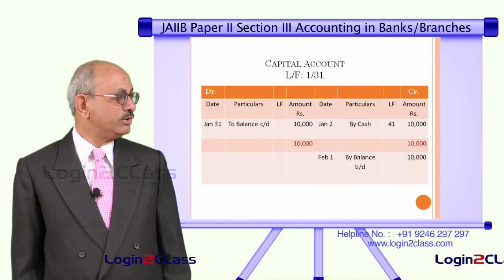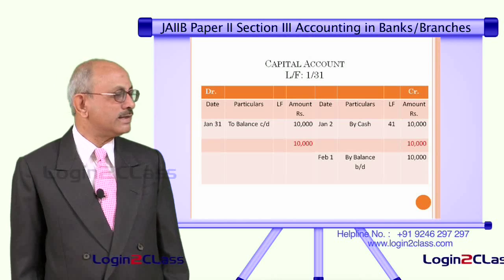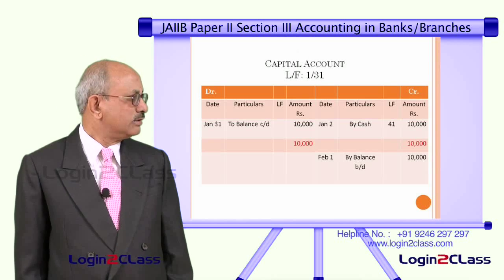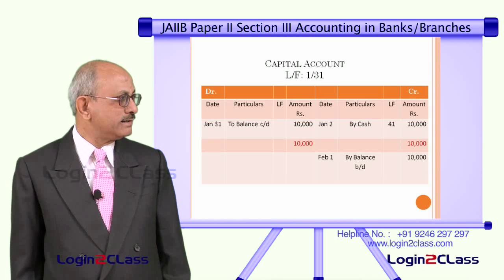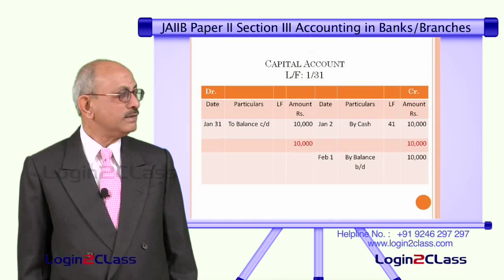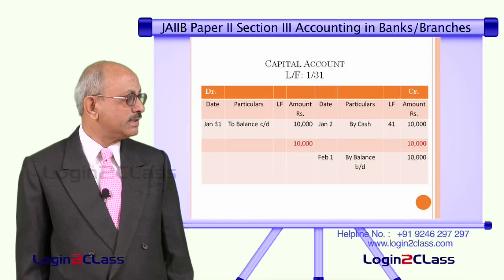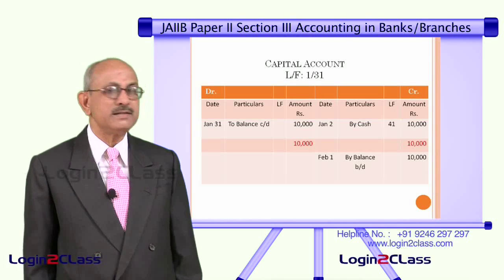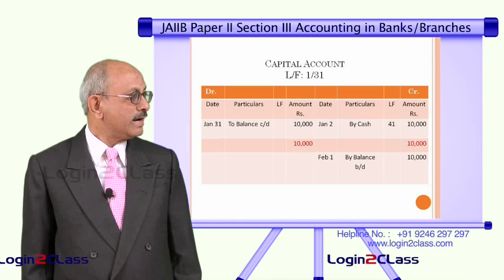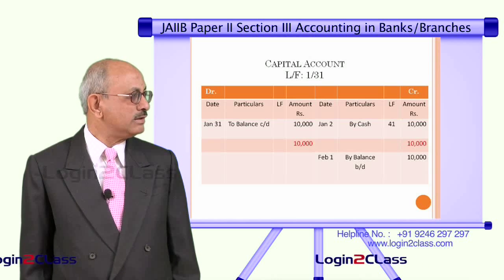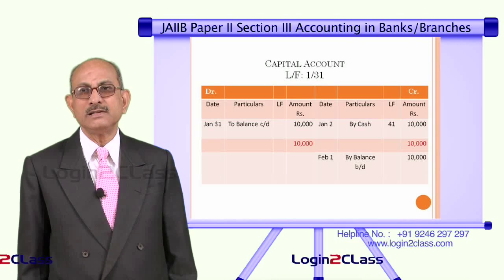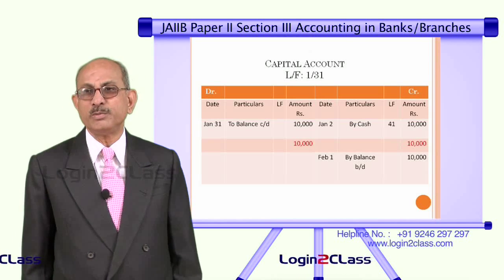So capital account, what is a capital account? Again, it is a personal account because it belongs to the proprietor of the entity. So here there was only one entry on the credit side, 10,000 rupees. So it is balanced by putting the difference under the debit side, writing it as balance carried down 10,000, and the credit balance is carried down to the beginning of the next month, that is February 1, by writing it as balance brought down 10,000 rupees.